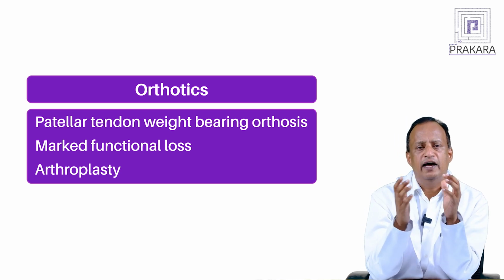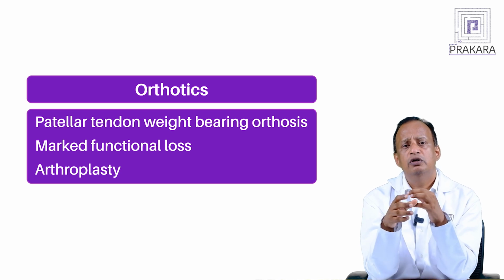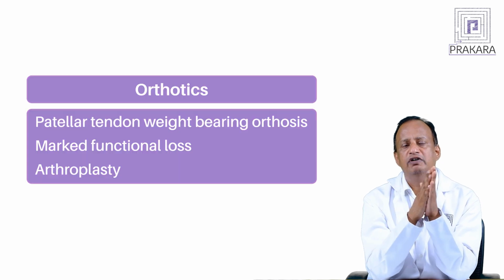So this would be the line of management in physiotherapy: first examination, the range of motion, then weight bearing activities causing pain, and limitation of functional activities. Then we are going to relieve the pain by using certain electrotherapy modalities, and we are going to facilitate the range of movement by graded mobilization. Then we have to go for strengthening of the muscles around the joint, emphasizing strengthening of the quadriceps and the hamstrings. But sometimes strengthening of the gluteus medius also helps in relieving pressure from the knee joint.